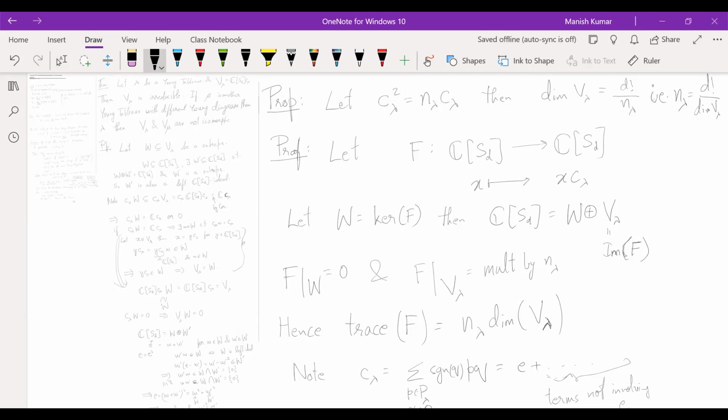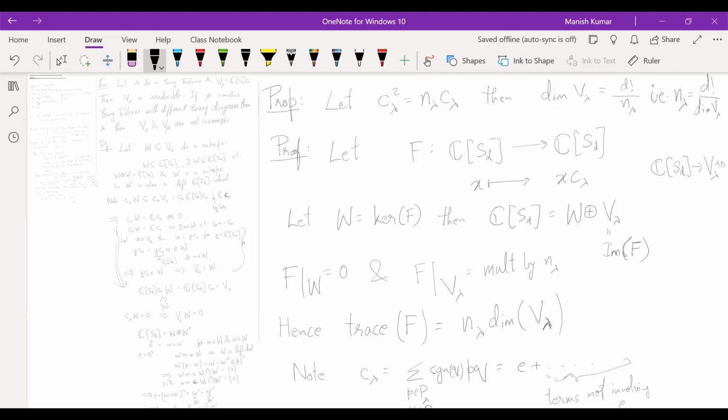Yeah. So given any endomorphism of a vector space, you can always write the domain as the kernel of the endomorphism plus the image of the endomorphism. Yeah. So that is what I have done. It comes from the short exact sequence. So CS_d to the image, which is V lambda in this case.